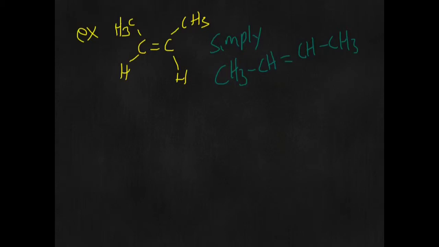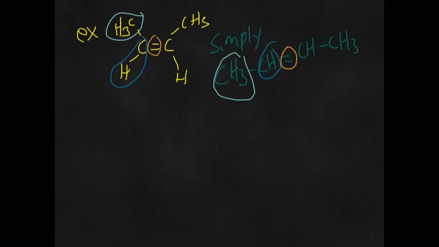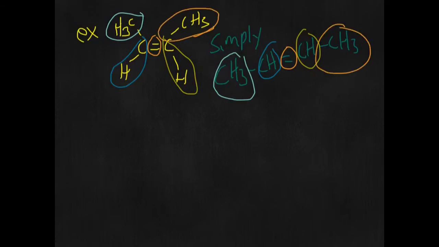And so how we break this down is this CH3 is right there, this CH is right there, the double bond comes from the middle, so right there, this CH is just written like that, and then last but not least, our CH3 right here is written right there.